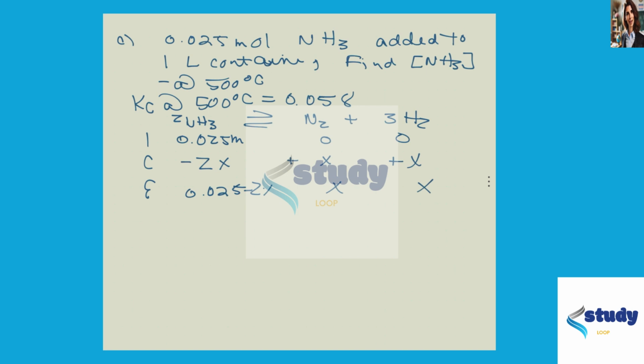And plugging this into our equation, thank goodness I had a graphing calculator for this. Kc is equal to, we already wrote this down once. This is cubed, and this is squared.